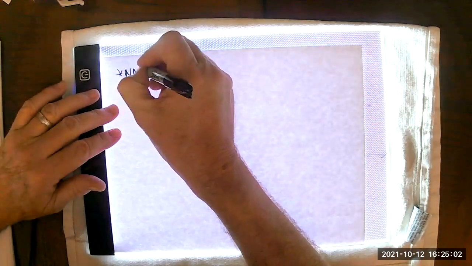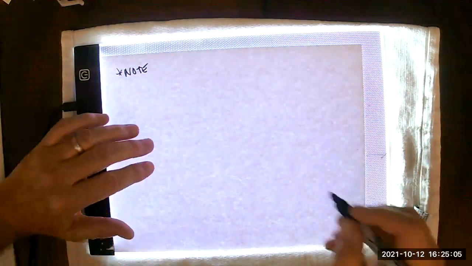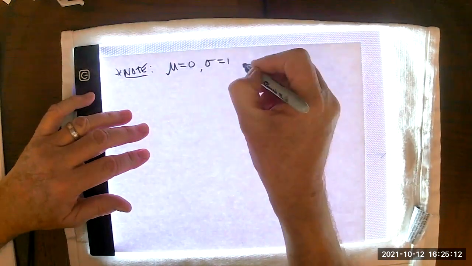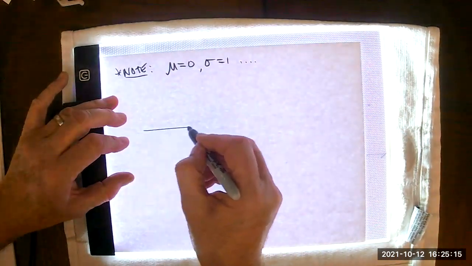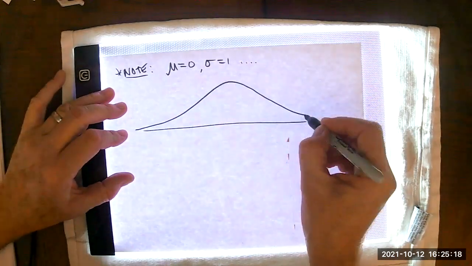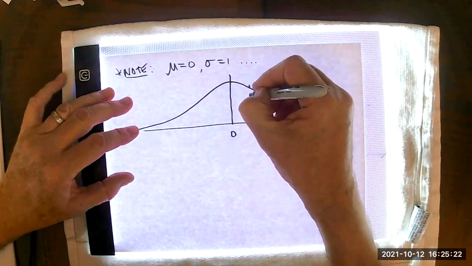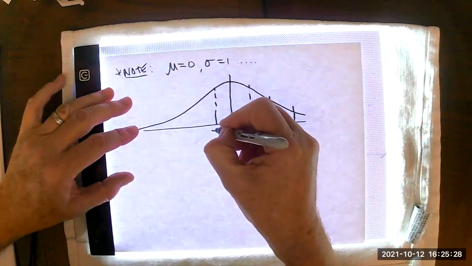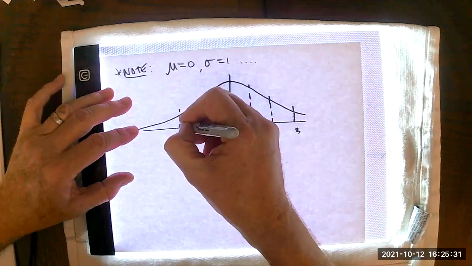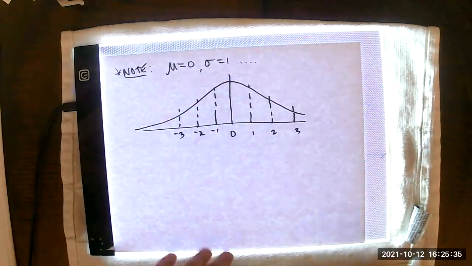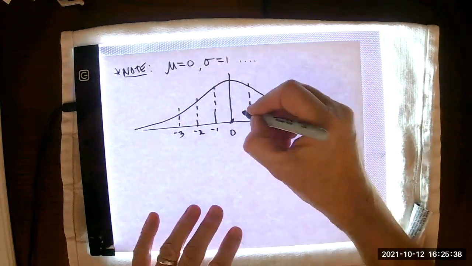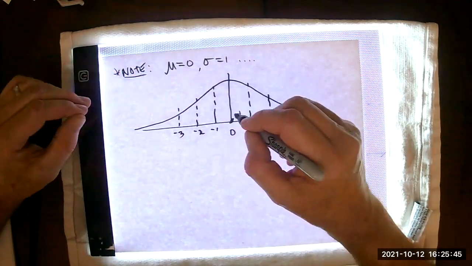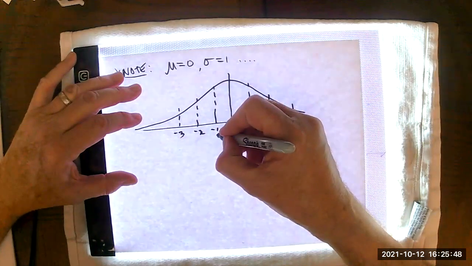So what we'll do is find probabilities or scores, and I'll leave that for tomorrow's lecture, but I will note that with a mean of 0 and a standard deviation of 1 for the standard normal distribution, if I take walks away from that mean of 0, taking steps of 1, I encounter something that we talked about way back in chapter 3.2.